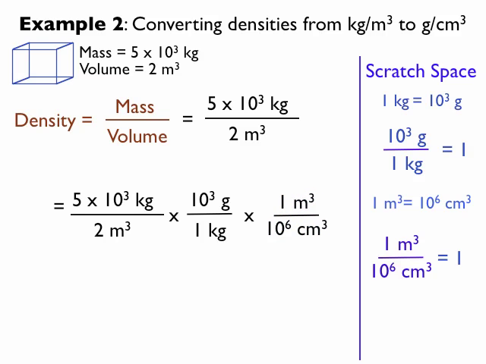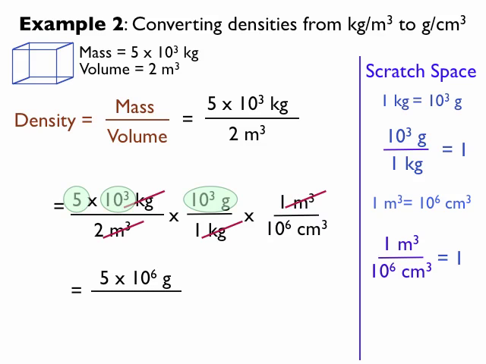Notice that the kilograms cancel in the numerator here and the denominator here, and the meters cubed cancel here and here, which leaves us with the units we want, grams per cubic centimeter. Let's complete the calculation. On the top, we have 5 times 10 to the third times 10 to the third grams, which is 5 times 10 to the 3 plus 3, or 10 to the 6 grams.